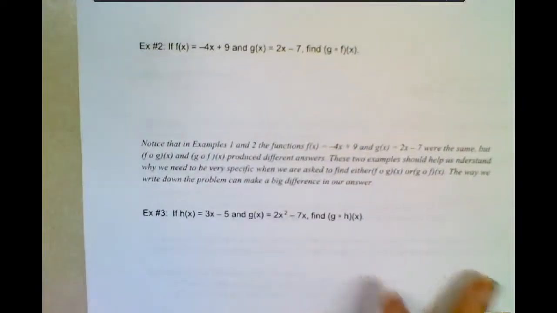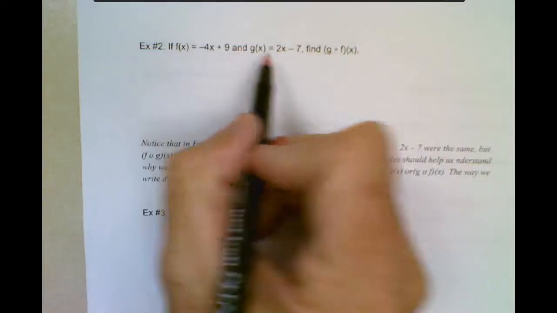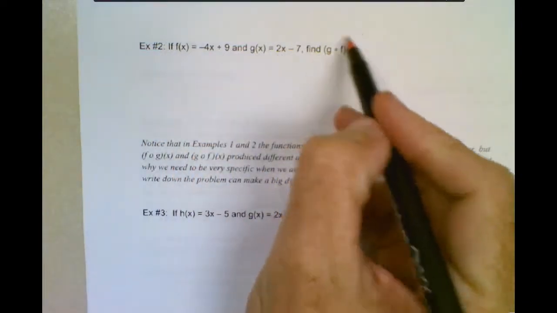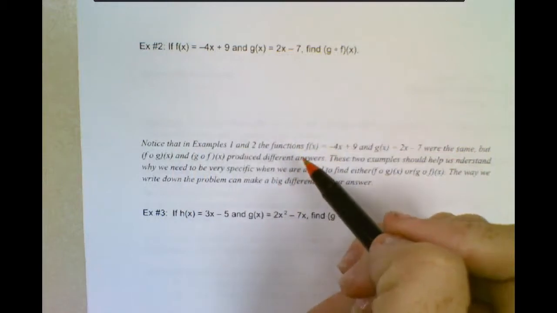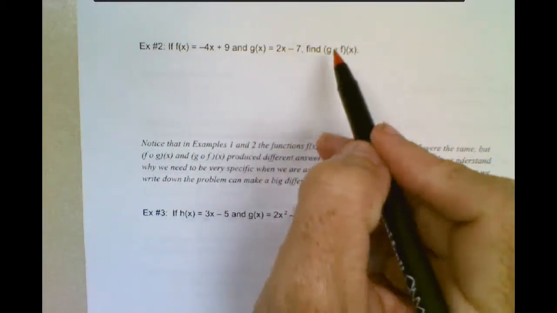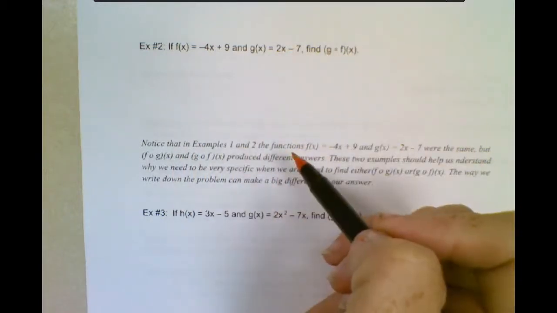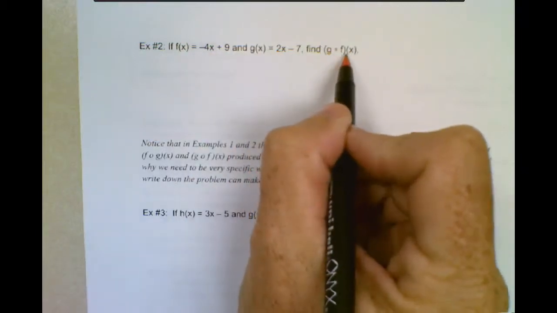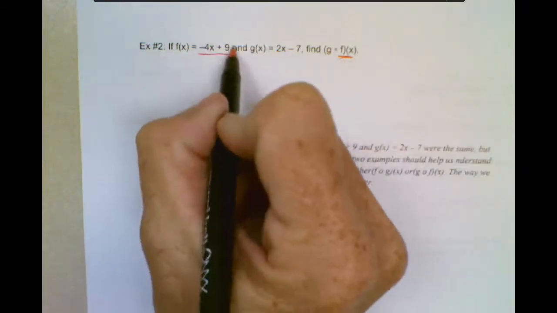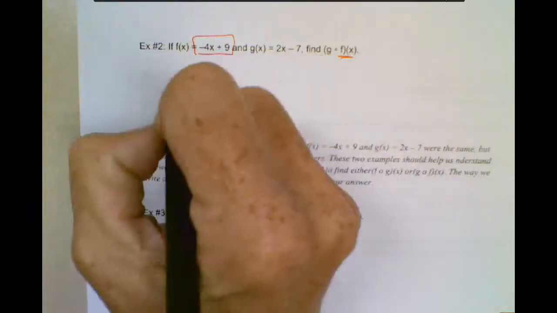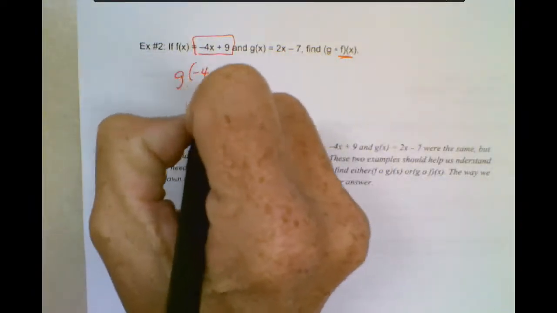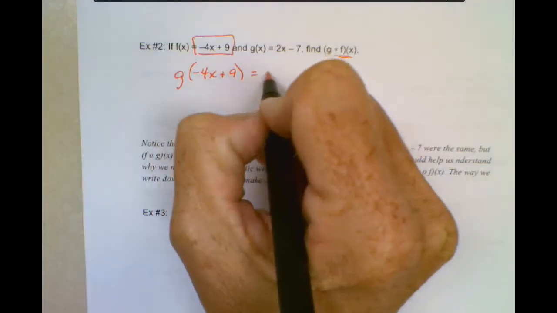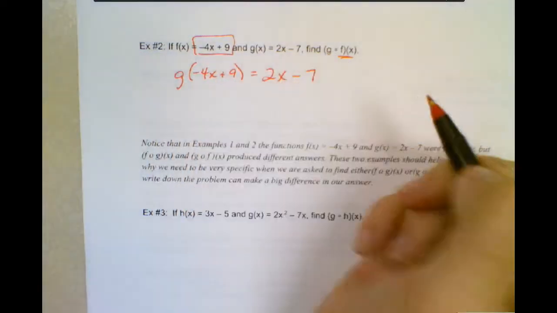So, okay, if f of x equals negative 4x plus 9 and g of x equals 2x minus 7, find g of f of x. So now ask yourself, what's going to be the input and what function are you inputting it to? So now, because it's g of f of x, this negative 4x plus 9 becomes the input for that function, 2x minus 7.